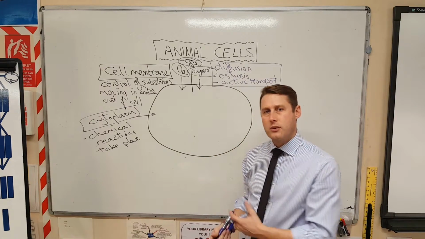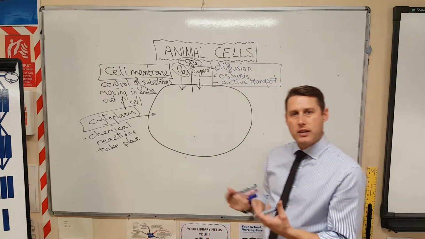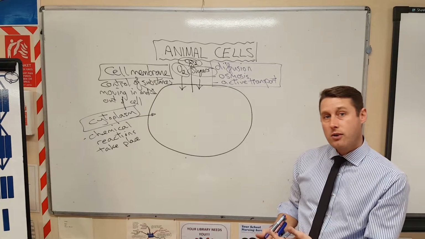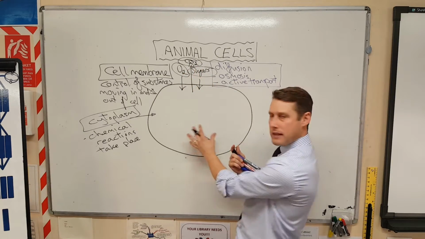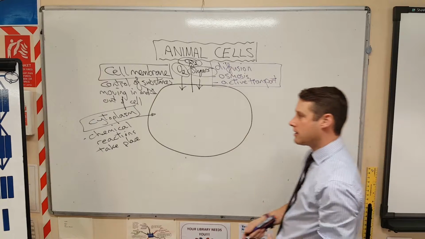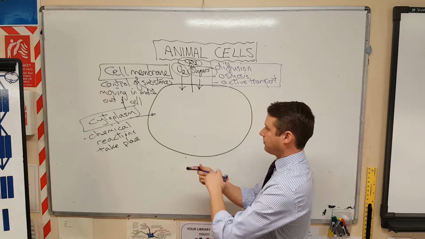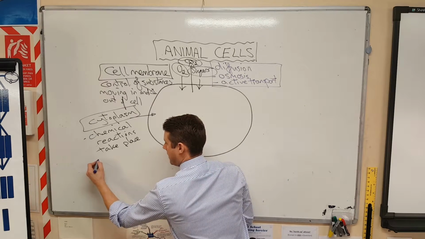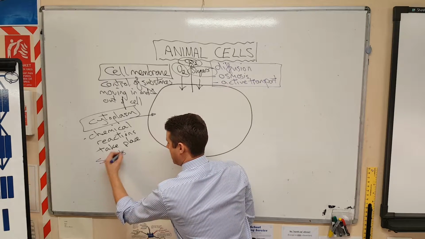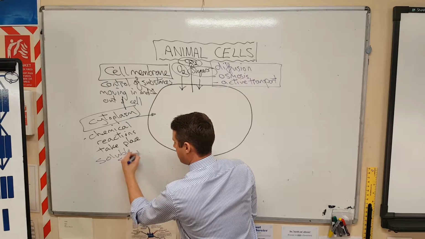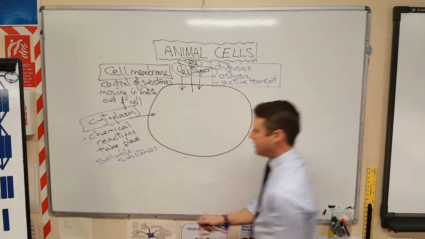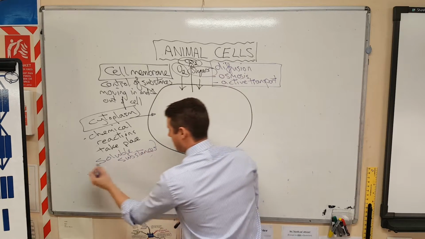And likewise, fats that you eat, when they're broken down or digested into fatty acids and glycerol, those products will also make their way into the cell so they can be used inside. So we've got a link here to soluble substances being dissolved in here as well.